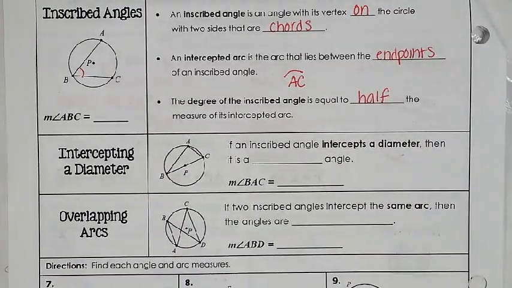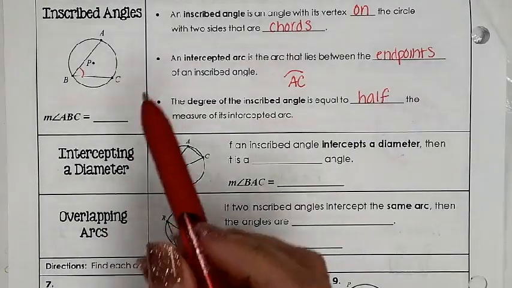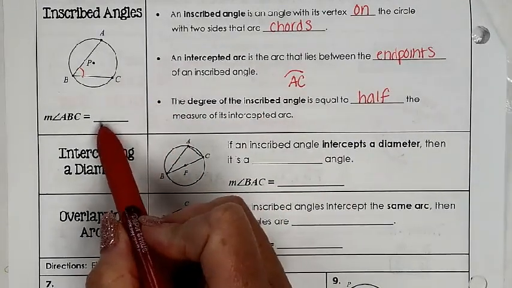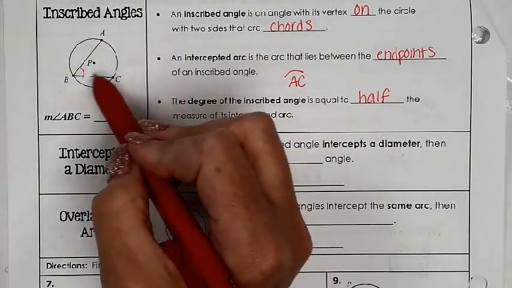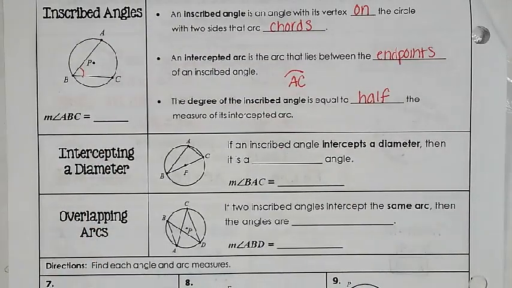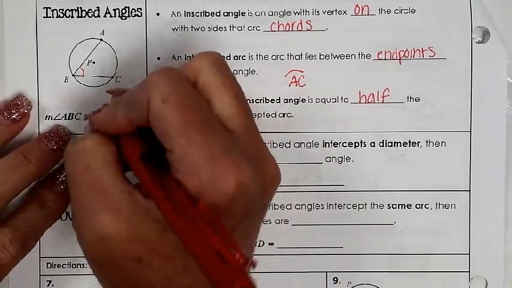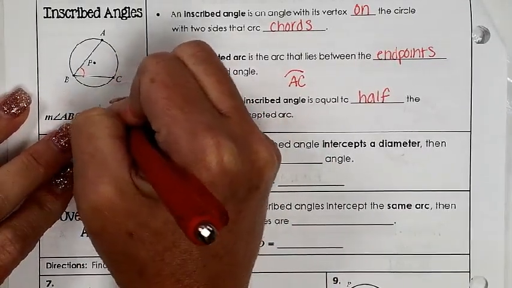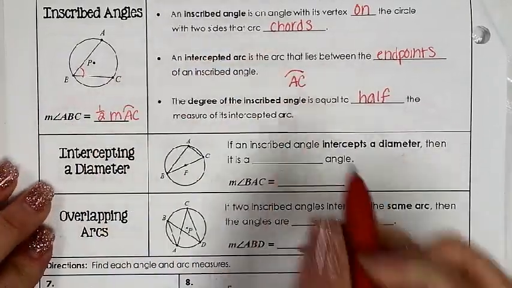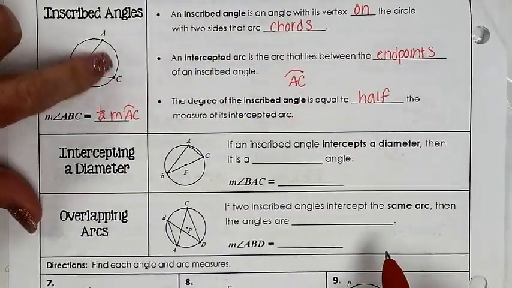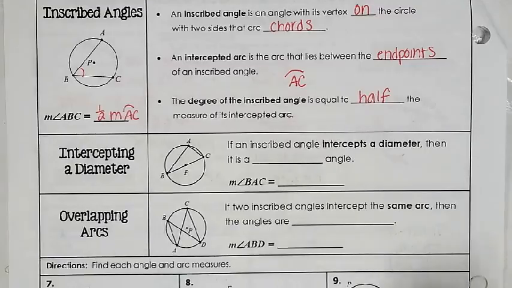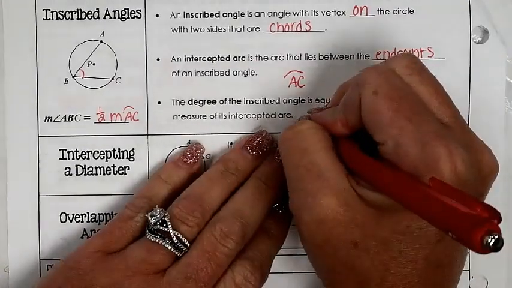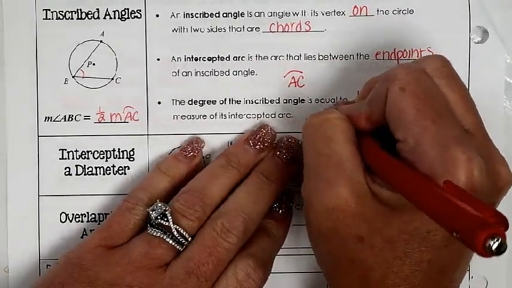So I have an equation here. If I'm trying to find the inscribed angle, it would be half of the measure of arc AC. So it'd be half of this arc. Or, let's say, what if we're trying to find the measure of arc AC? What if I have the angle and I'm trying to find this arc?